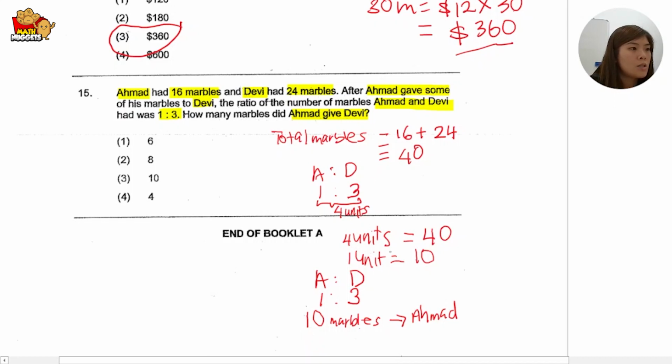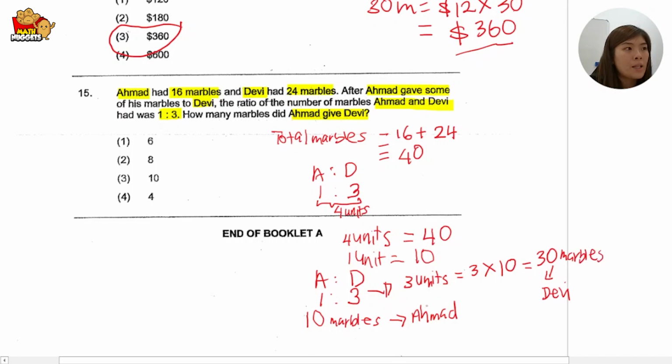So 3 units equals 3 times 10, 30. So Devi has 30 marbles. Okay, so this is the end.